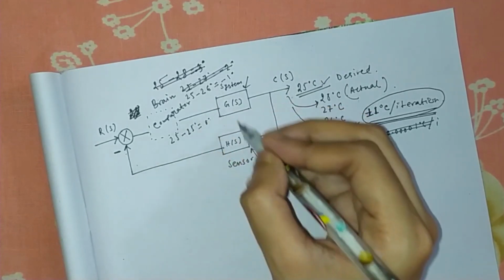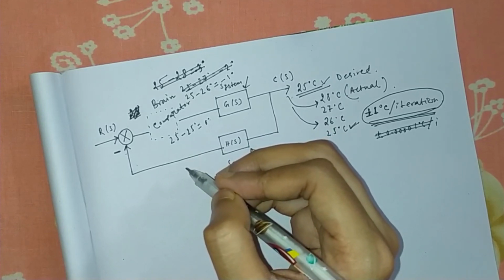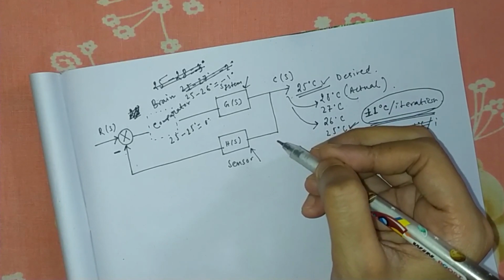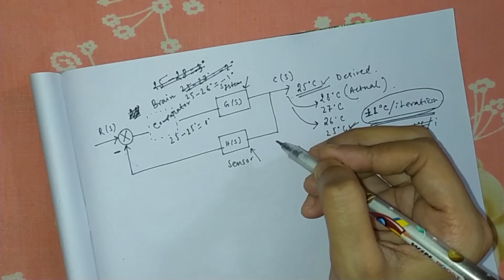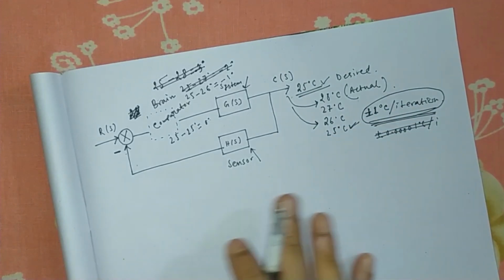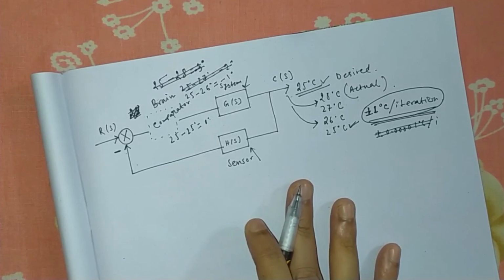So now the comparator realizes that I don't have to actually decrease the value, because I have reached the value which I actually desired. Okay, so this is actually the working procedure of any negative feedback system.